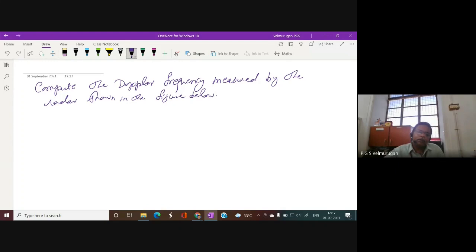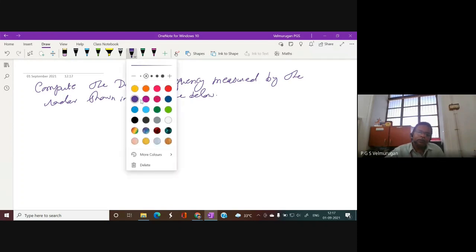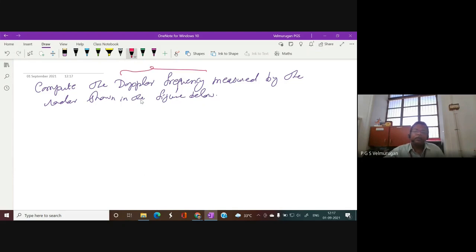What you have to find is the Doppler frequency, which is fD. You know the formula for finding fD.